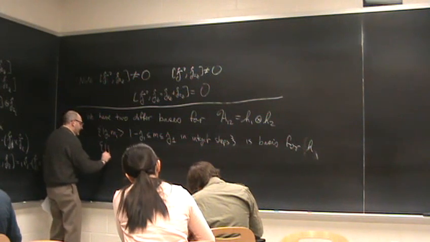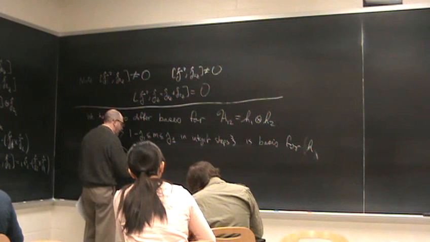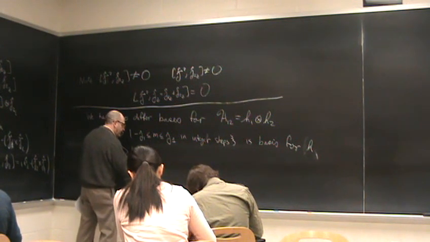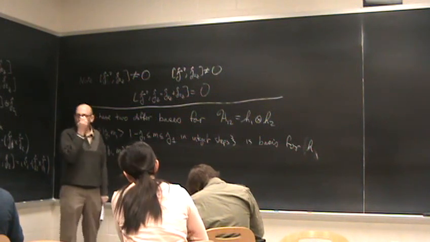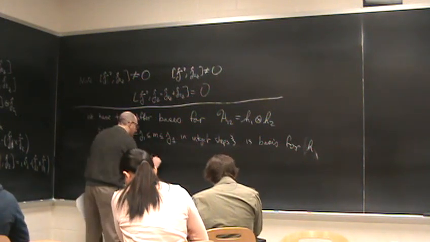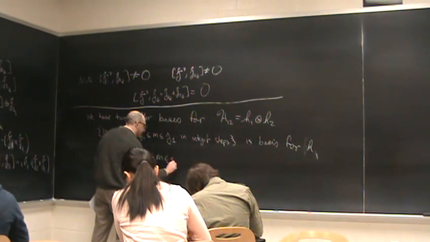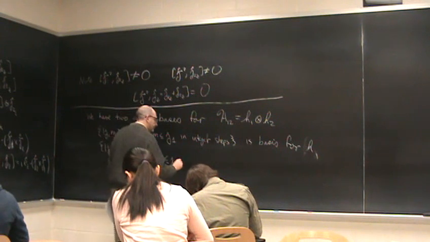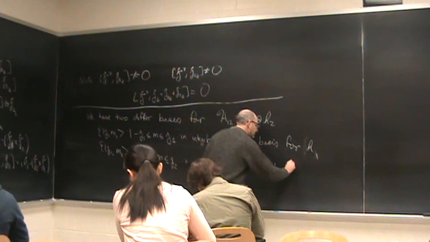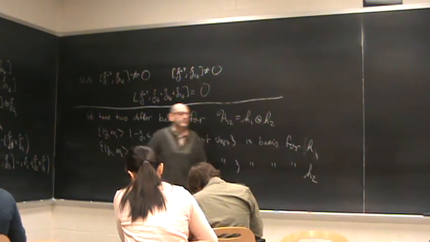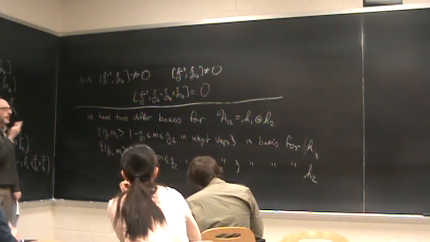Similarly, the set of J2, M2, remember we're fixing J1 and J2. So within the space of a fixed J1 and J2, these are the 2J plus 1 standard bases. These are the standard bases. Okay? So given that, what is a basis?